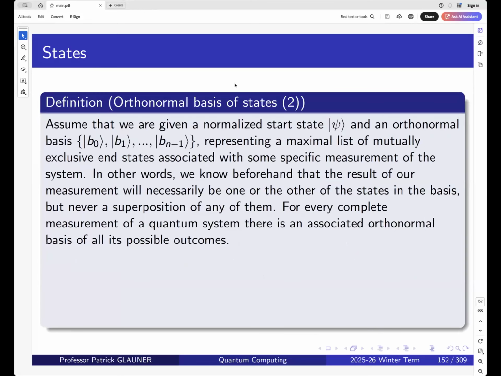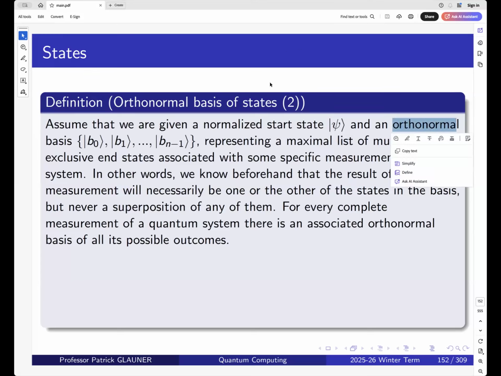And what we need from now is, you've seen this also in your introduction to linear algebra, when we build our linear combinations, we need a basis, so we need basis states, and these basis states need to be orthonormal.